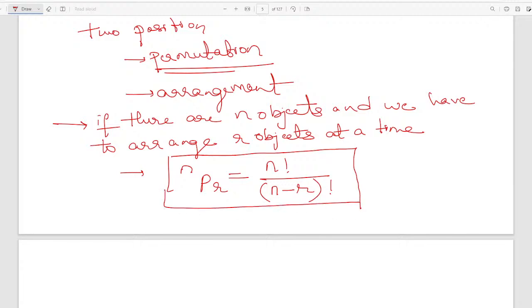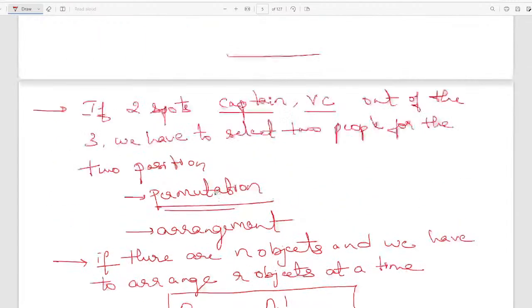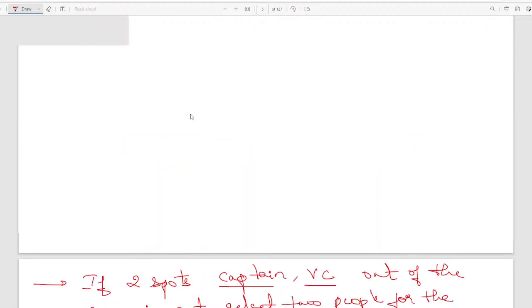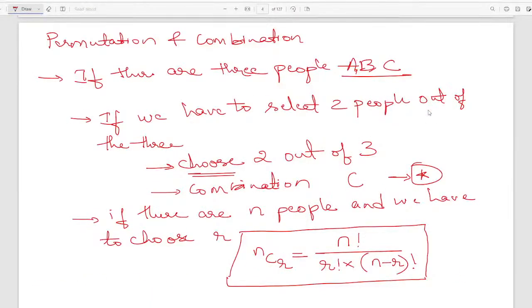You have to select r people, and the r people have to be arranged in an order. For example, in the earlier case, in combination, we selected two people out of the three, and the order was not important. We just wanted two people.